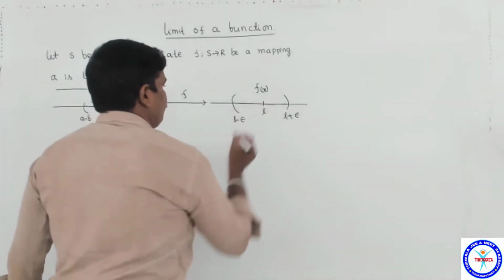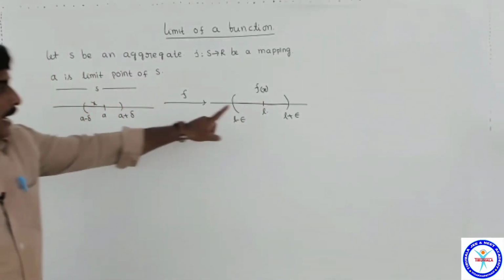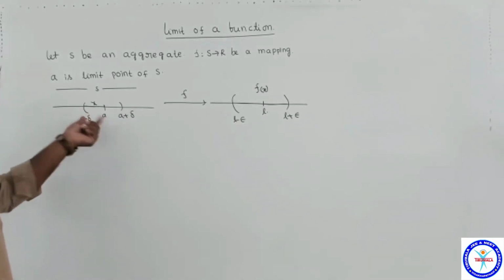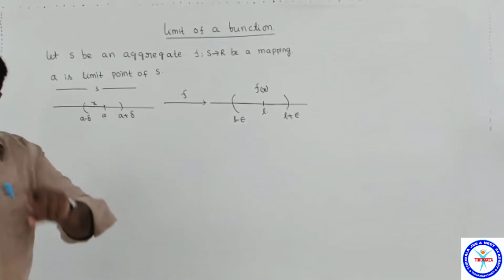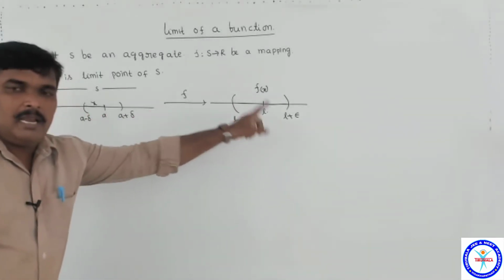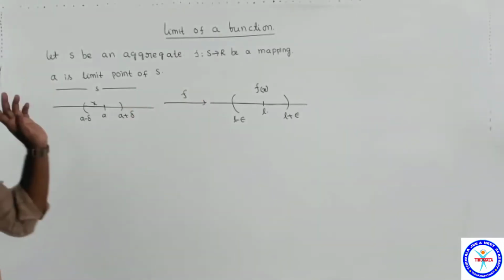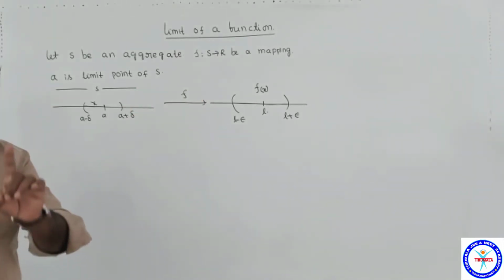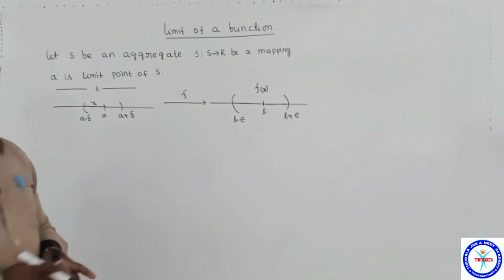If L exists when x lies in the left neighborhood, then we say that L is the left limit of f at A.